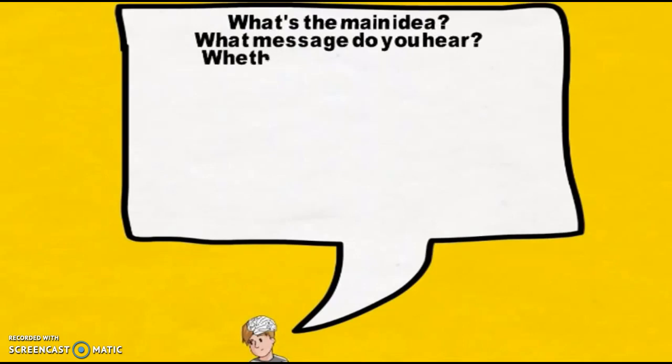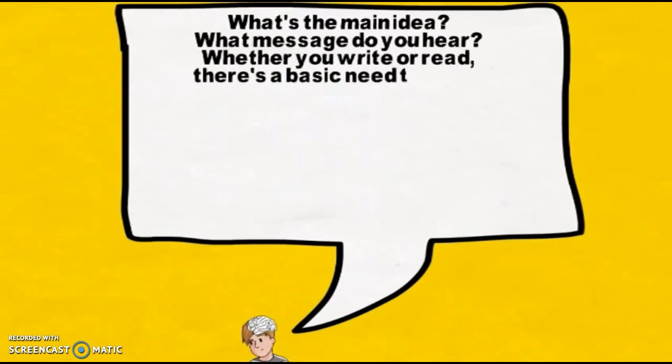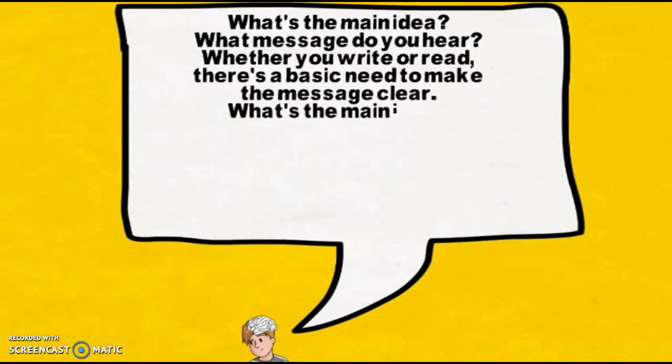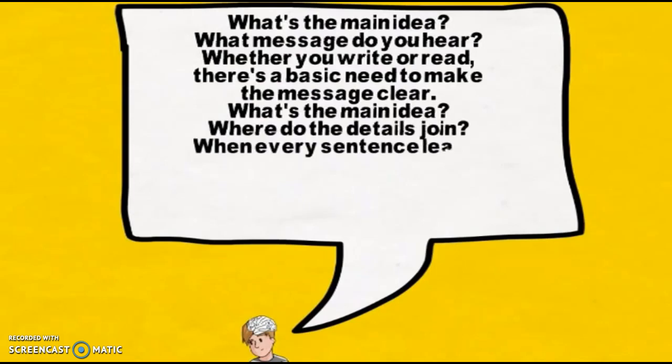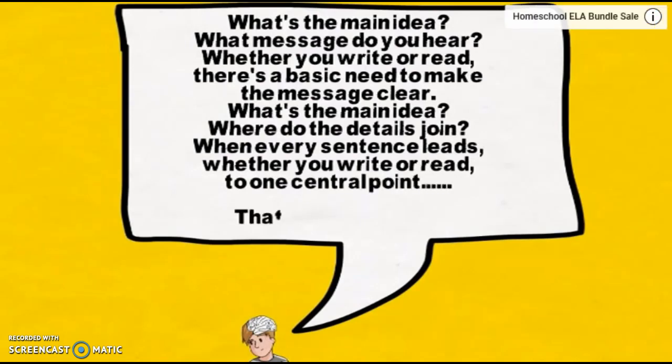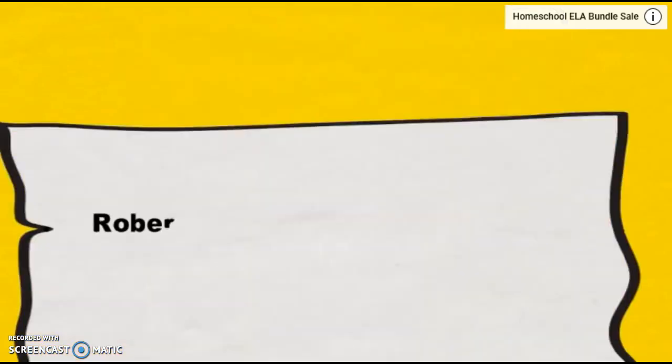What message do you hear? Whether you write or read, there's a basic need to make the message clear. What's the main idea? Where do the details join? When every sentence leads, whether you write or read, to one central point. That's the main idea.